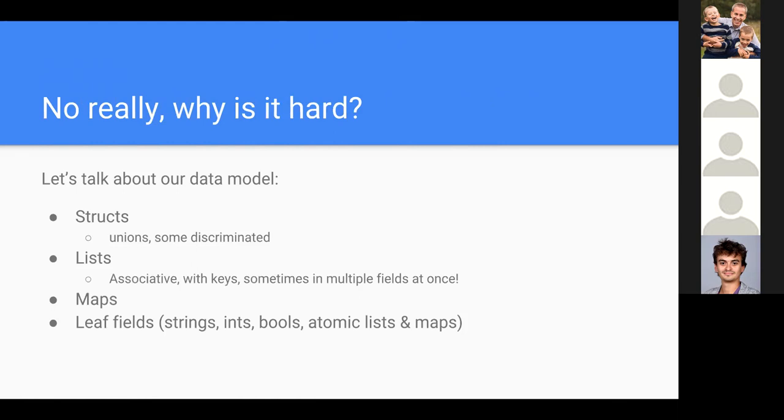There are fields in structs that have unions that aren't part of the union, so that's complicated. And I don't know that you can represent that exactly in OpenAPI. Our lists are associative, they have keys. Our maps are basically like lists, but they're forced to have a string key, just how it's implemented.